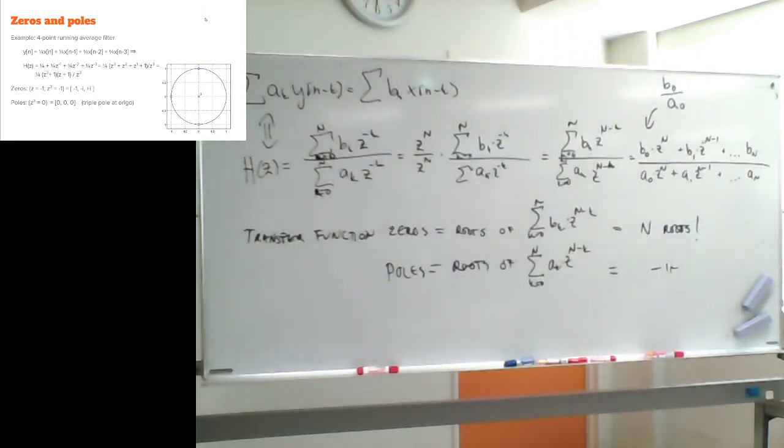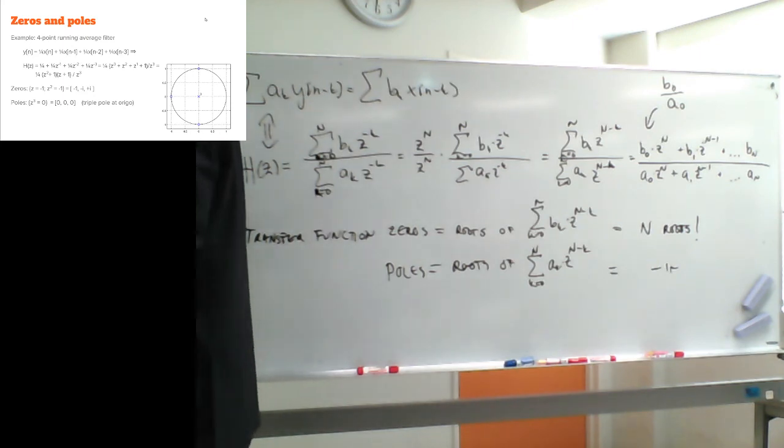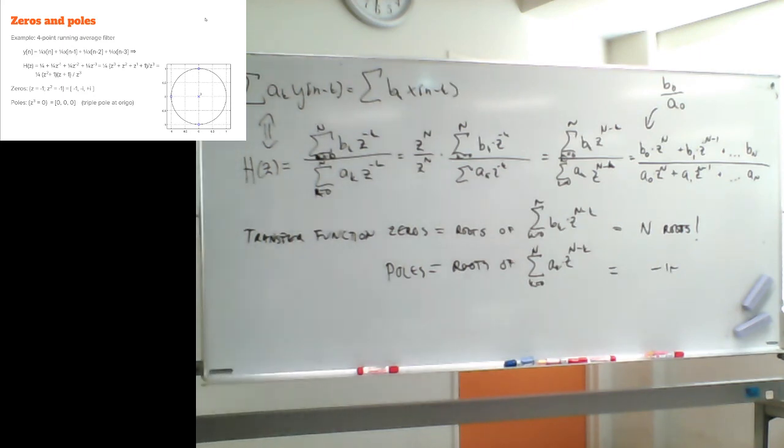We can see that we have poles and they are all at the origin of the complex plane. This can also be divided into 2 parts: z plus 1 and z squared plus 1.